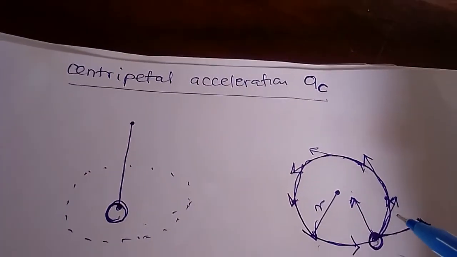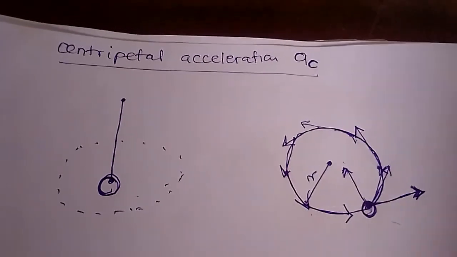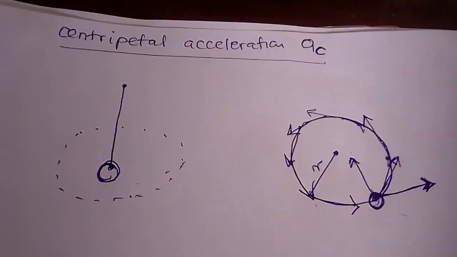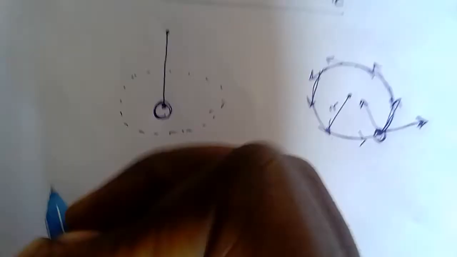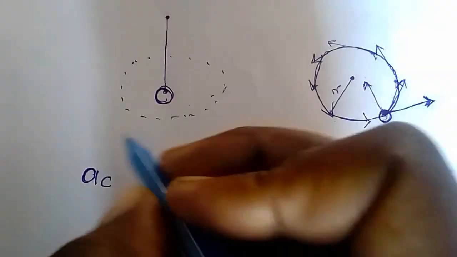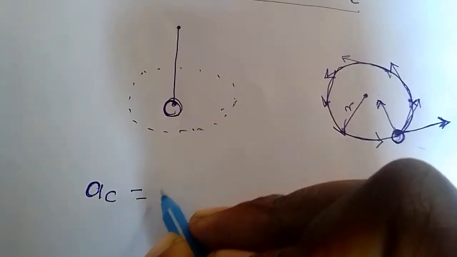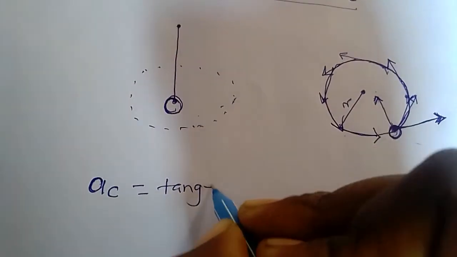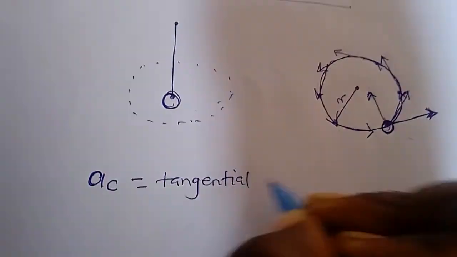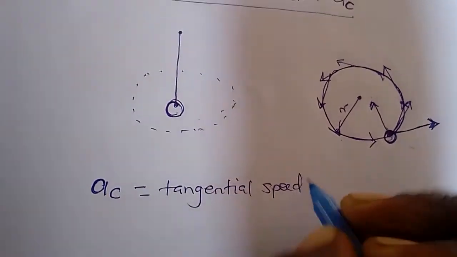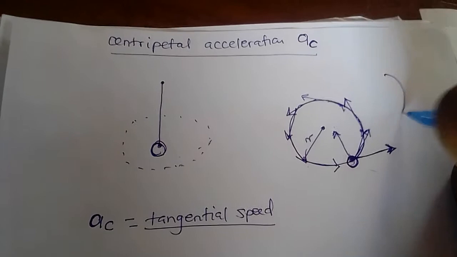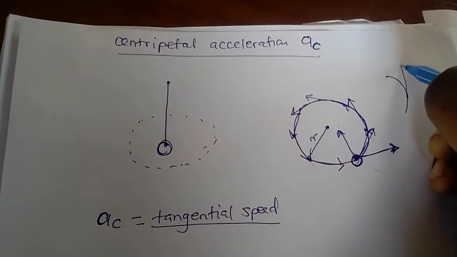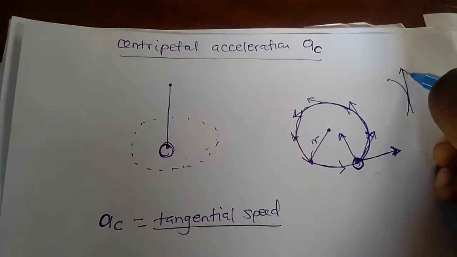So this acceleration is what we call centripetal acceleration, and its magnitude is equal to the tangential speed squared divided by the radius. The reason why we are calling this speed tangential is because this is a circle. When you have a circle, this is the tangent, right?